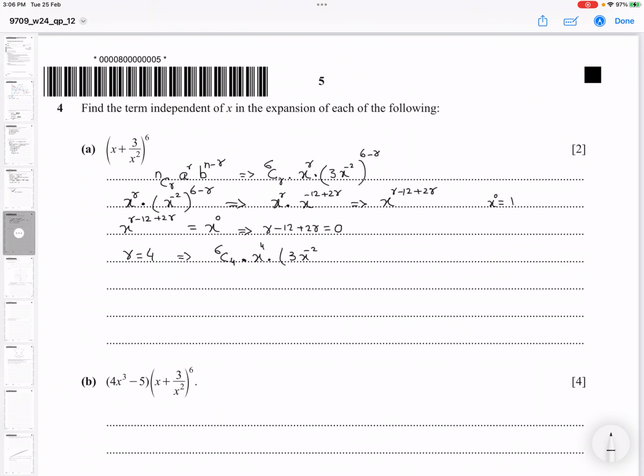3x power negative 2 whole power 6 minus 4, and this gives you, after simplification, 15x power 4 3 over x squared whole power 2. I brought back the x power 2 in the denominator to make its negative index into positive one. So this gives me 15 x power 4 3 over.